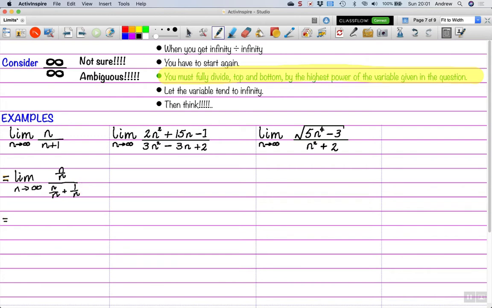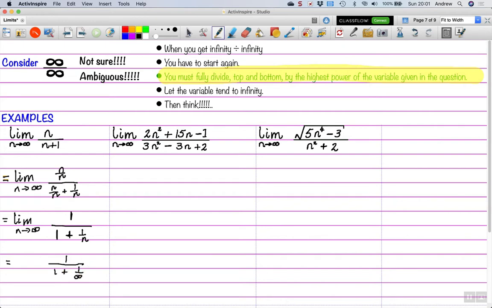We're then going to tidy this up, so we have the limit as n tends to infinity, and the top is going to be 1, n over n is 1, n over n on the bottom is 1, plus 1 over n. And then at this stage we could sub in, so we're going to have 1 over 1 plus 1 over infinity.